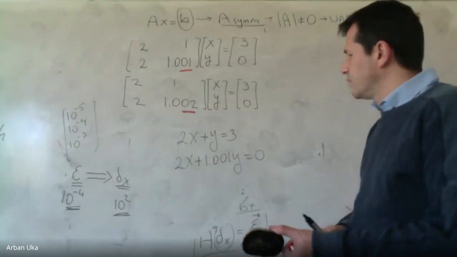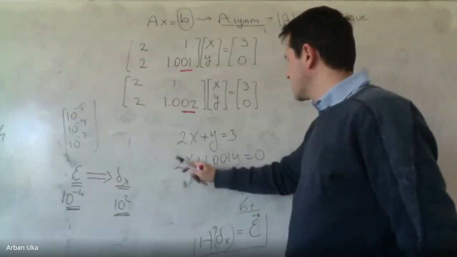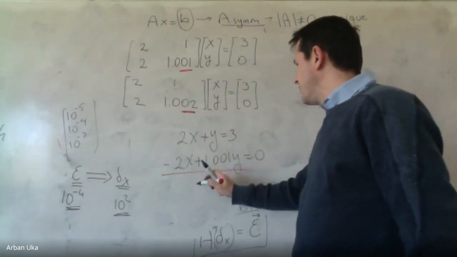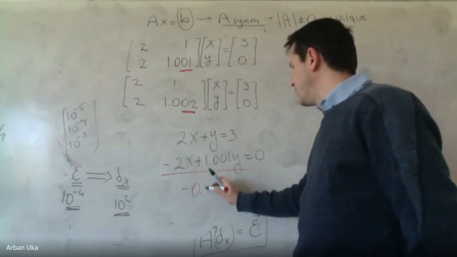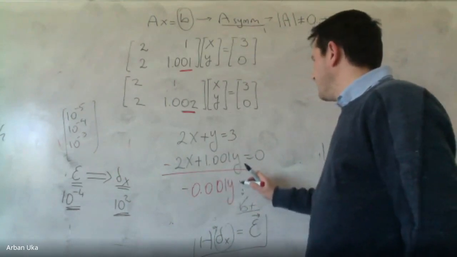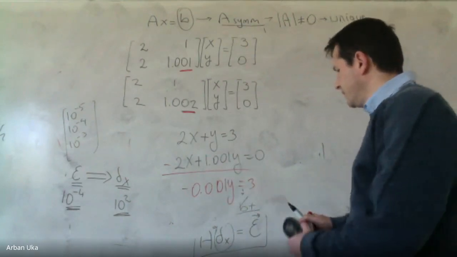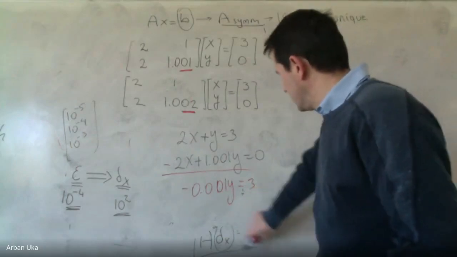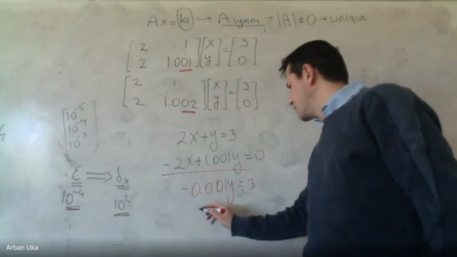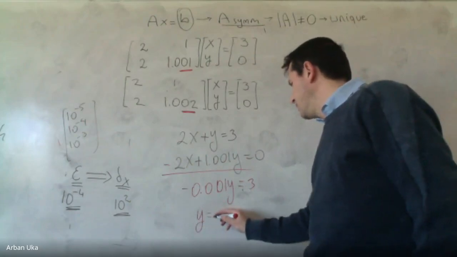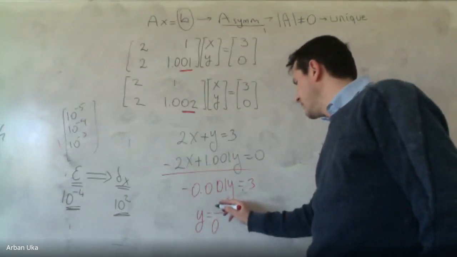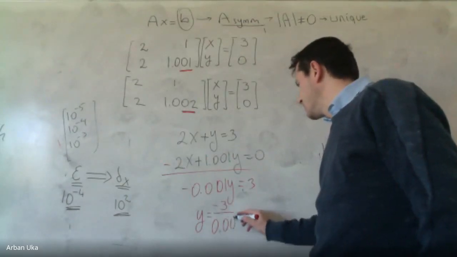So we can subtract both equations. 2x minus 2x is gone. We have y minus this, we get minus 0.001y, this is equal to 3. Okay. So then we can find the value of y, which would be a negative number. y would be equal to 3 over minus 0.001.